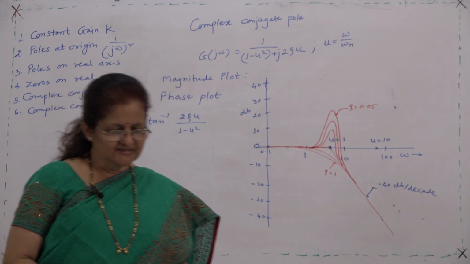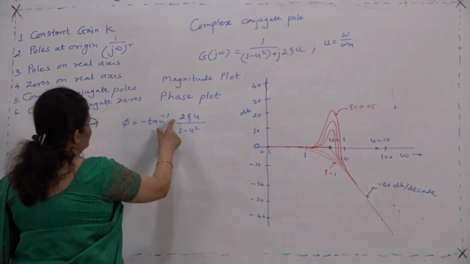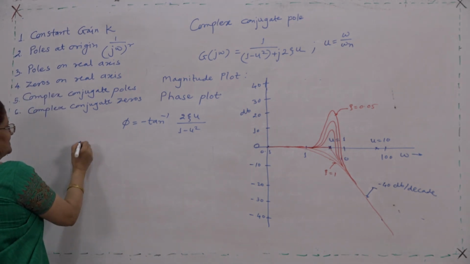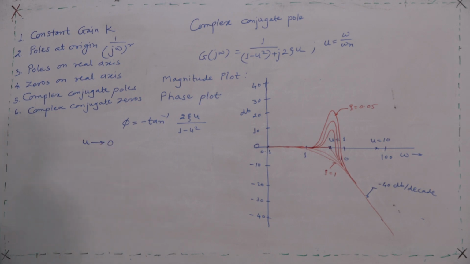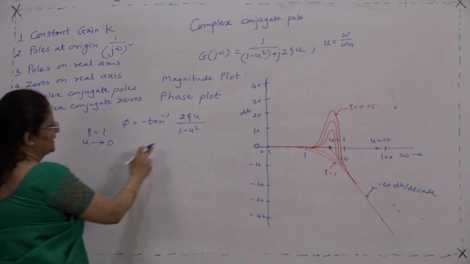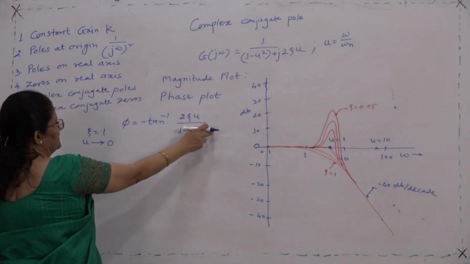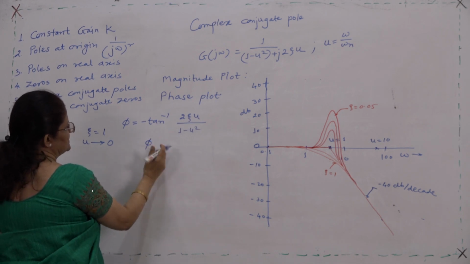First consider that zeta is equal to 1. So, as zeta is equal to 1, you will get twice u upon 1 minus u square. Consider u is far less than 1, or u tending towards 0, and we are considering zeta is 1. What will happen in that case? Tan inverse of 0, so phi will tend towards 0.